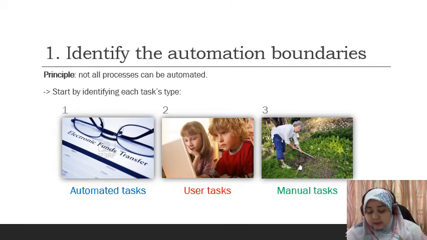And manual task is something you can't automate. You have to do it physically. So you can't put that as a system base. So bagaimana kaedah dia? User task pula sits between automated task and manual task.